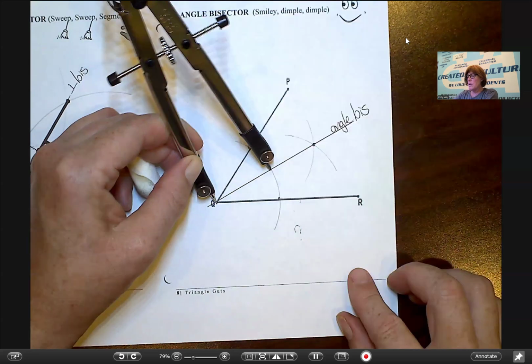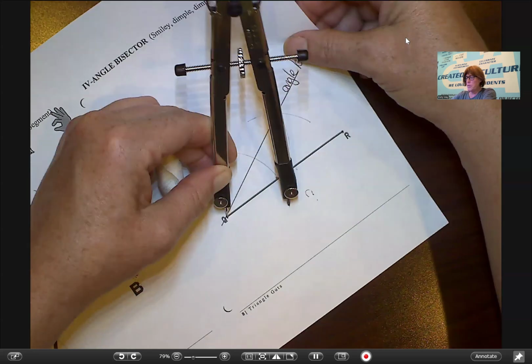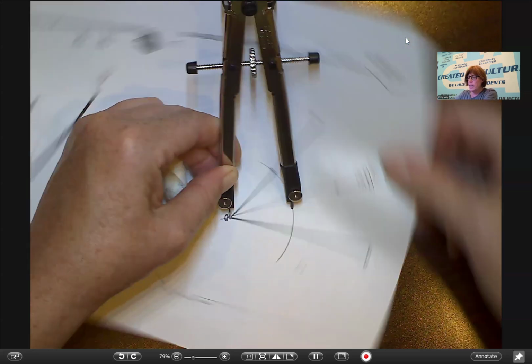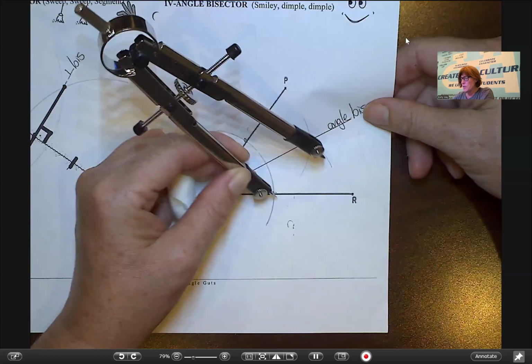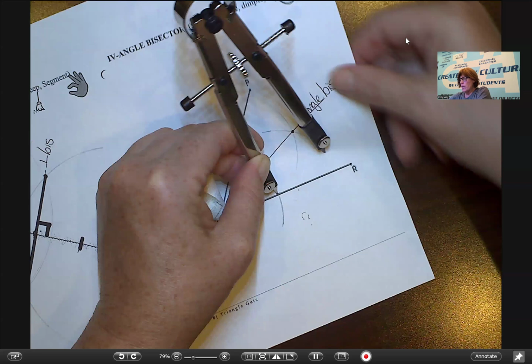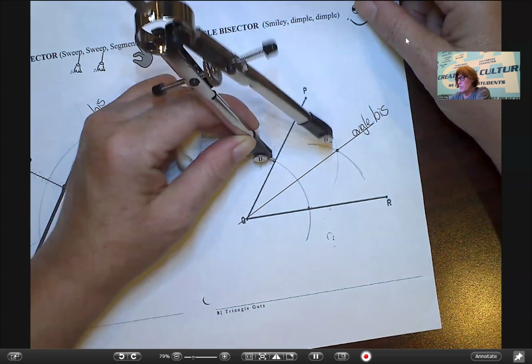All right, so this time I'm going to twirl the paper instead. I'm going to plant and drag my compass, tilting, smiley. And you go to the point of intersection. I call that a dimple. And again, drag your paper, dimple. Here, drag your paper, dimple.